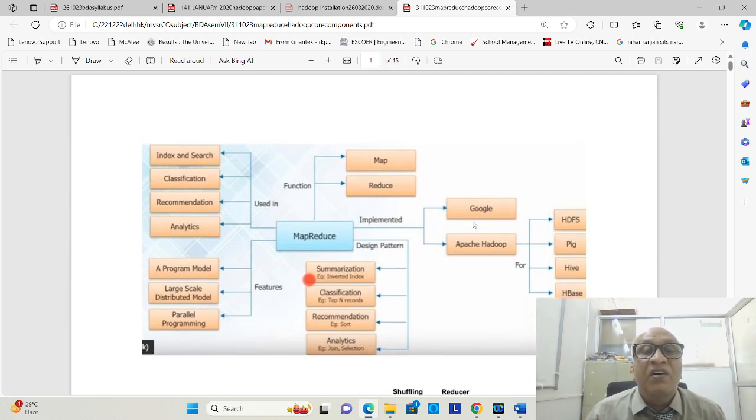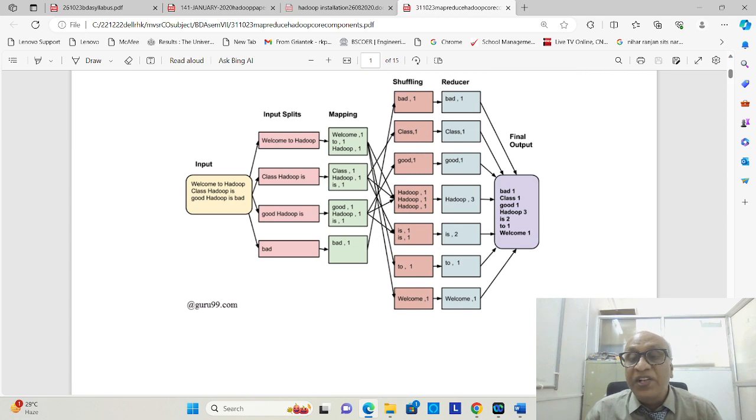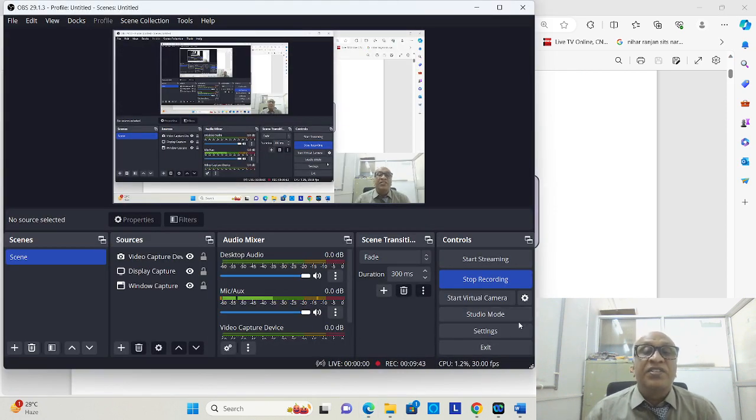By the way, this is what MapReduce does. MapReduce is used for indexing, searching, classification, recommendation, analytics. It is implemented in Apache Hadoop and Google. What are the functions of MapReduce? Map and reduce. All these MapReduce related aspects we'll be discussing in the next session being recorded.